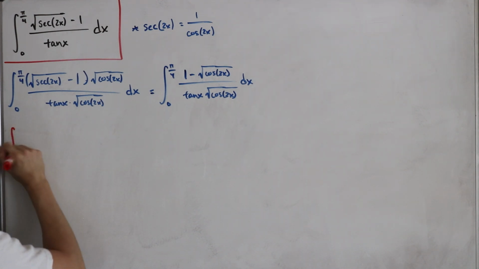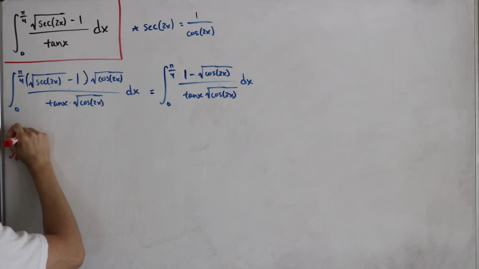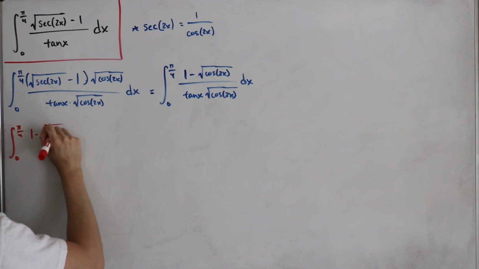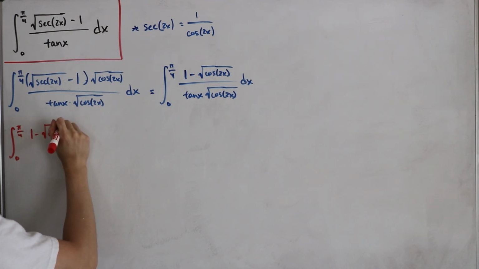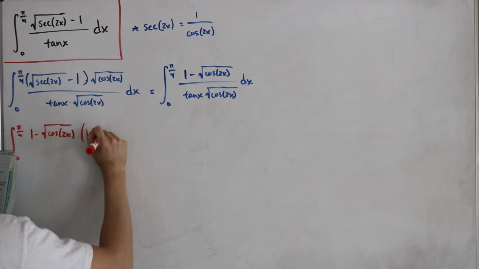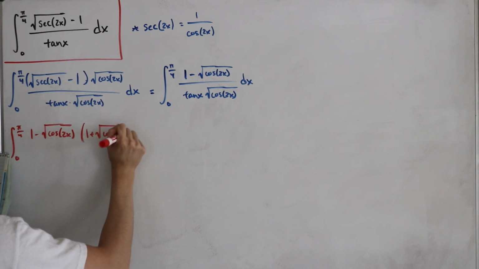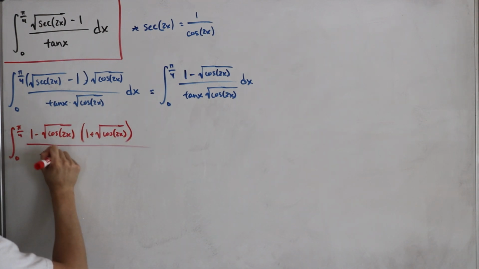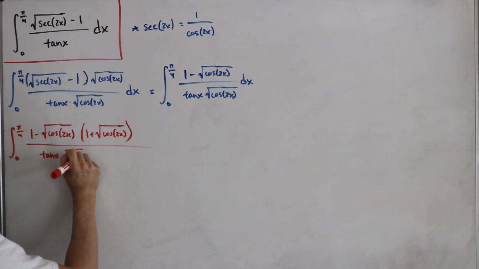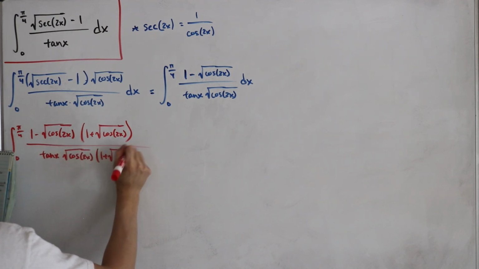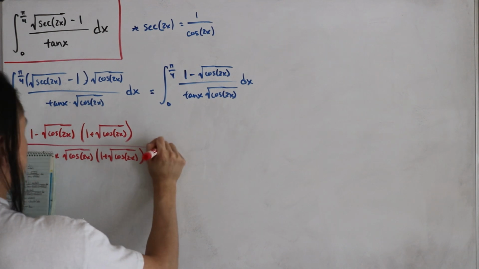Now we have the integral from 0 to pi over 4 of 1 minus the square root of cosine of 2x multiplied by its conjugate, 1 plus the square root of cosine 2x, and the same thing on the denominator: tangent x times the square root of cosine of 2x, multiplied with 1 plus the square root of cosine 2x, followed by dx.